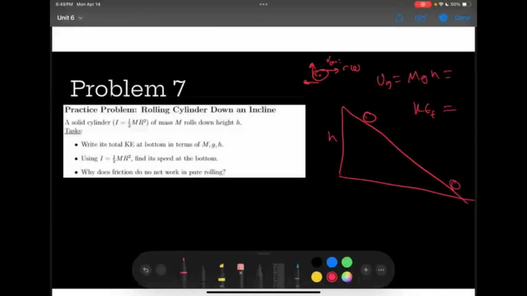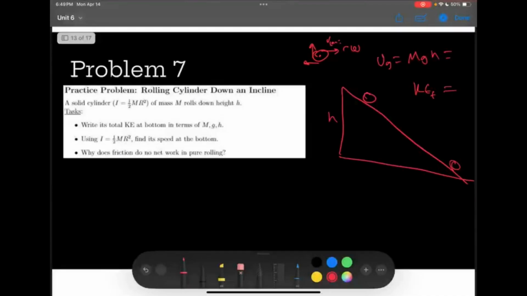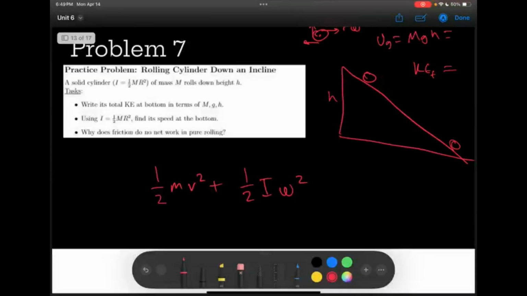Here we're linking back to 6.1, where we know that the final kinetic energy will be equal to 1/2 mv squared plus 1/2 I omega squared. The important part is that we're summing this up, and that's equal to mgh.